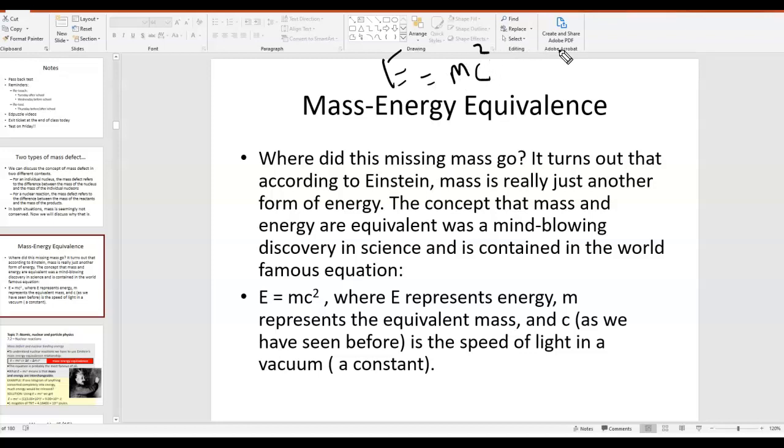We have Einstein to thank for this idea of mass energy equivalence, and this equation that basically allows us to convert mass to energy and vice versa. Now, of course, it's not that simple. But basically what this is saying is that mass is a form of energy, and if you want to calculate how much energy mass is worth, you plug it into this equation.